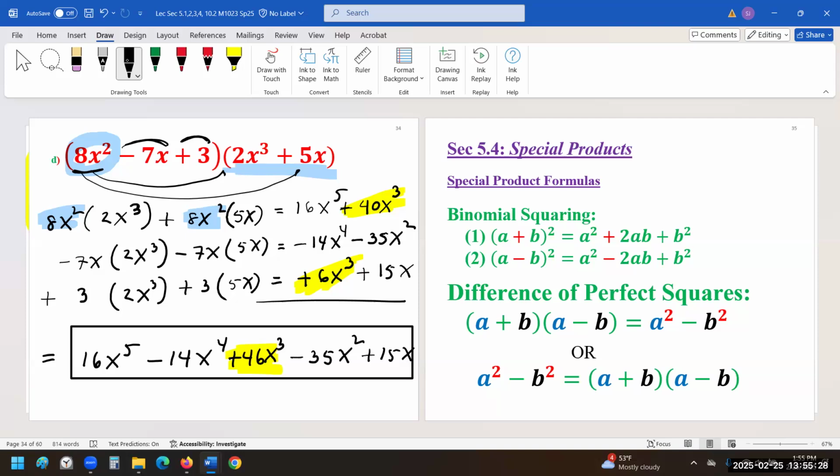And what if you multiply binomials that look similar, but their signs are different? If you have the exact same two terms, only their middle signs are different, we call them conjugates. Let me change color to something different. These are called conjugates.